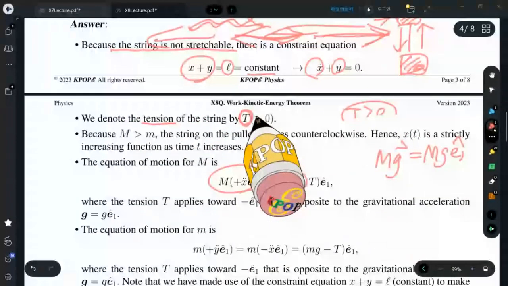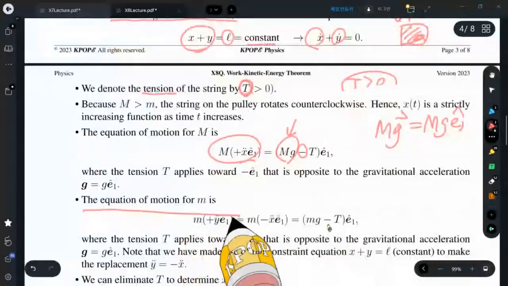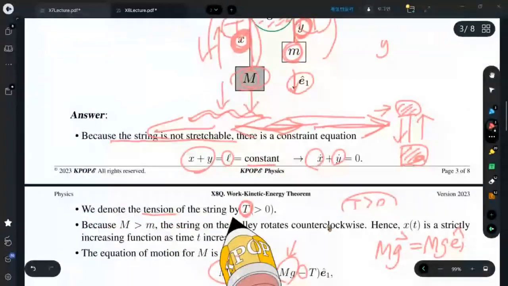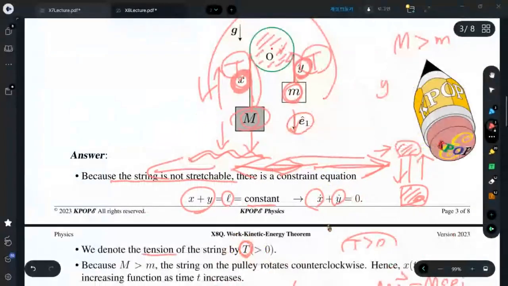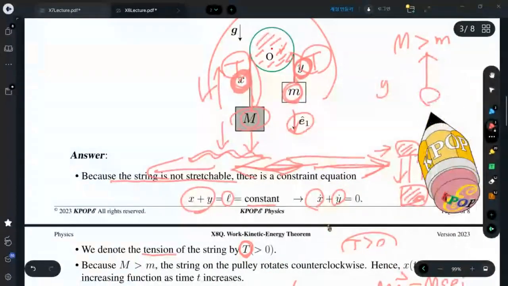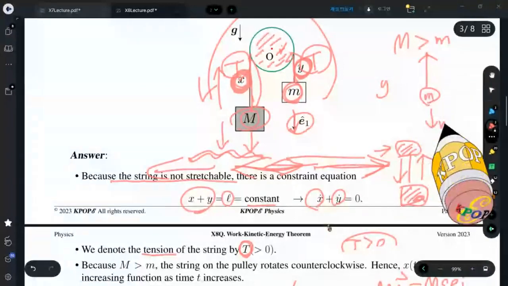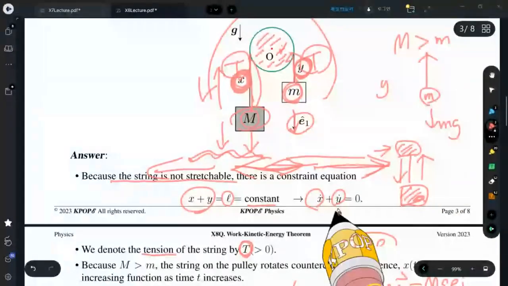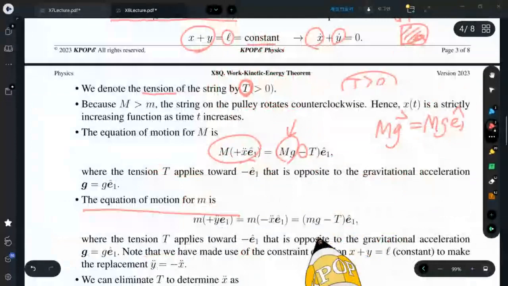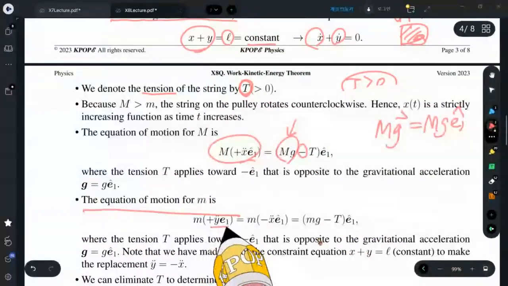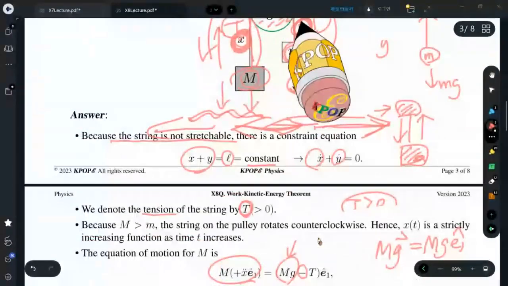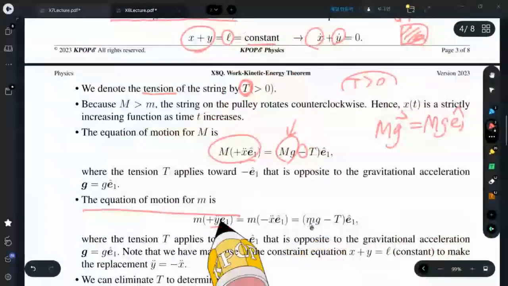Be careful. Next we consider the equation of motion for small m. Tension is going up, and the gravitational force on small m is again in the opposite direction, and this is m y double dot.